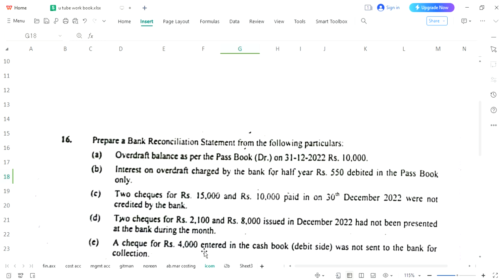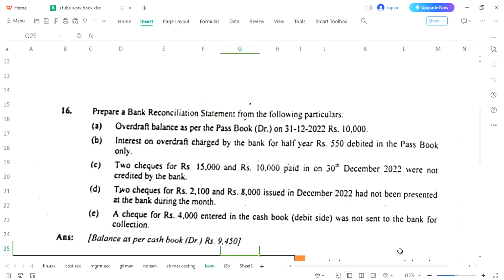Next, a check of 4,000 entered in cash book at debit side, was not sent to the bank for collection. Please note it down. We have received the check, but the check is worthless until and unless it is deposited into the bank. And what mistake have we made? We have not deposited that check into the bank.